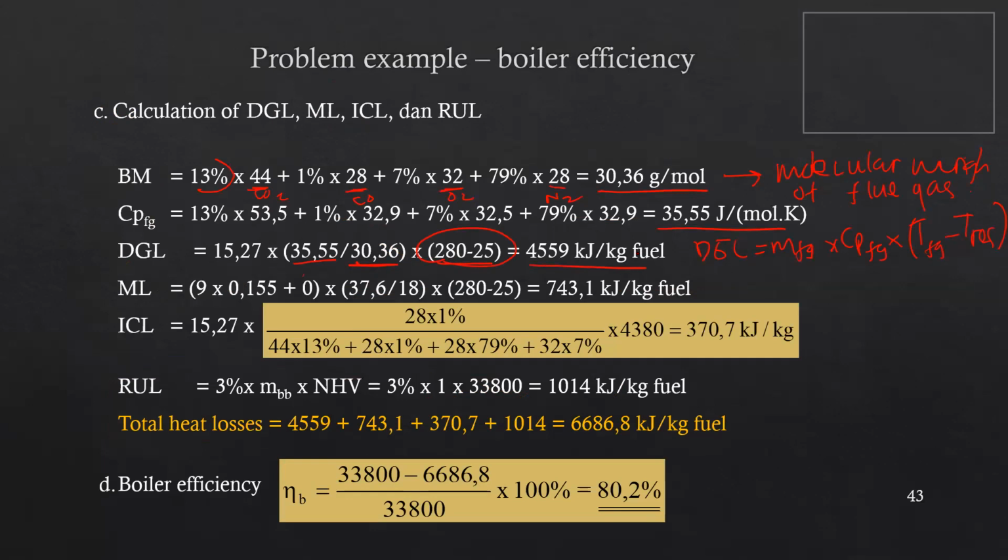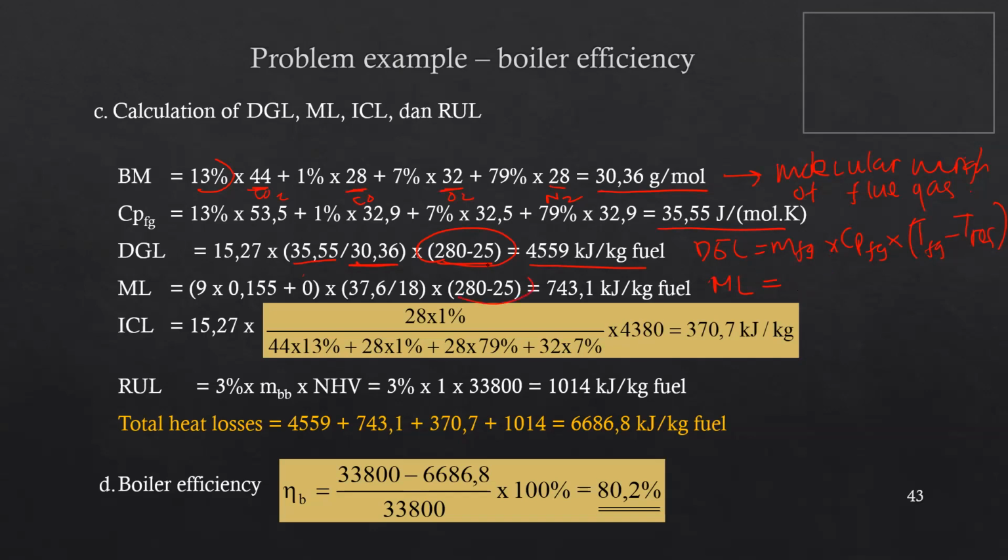And then we calculate the next loss, which is the moisture loss. The formula to calculate the moisture loss is... sorry, what is the formula? So the Cp, is it correct? Wait, 37.6 divided by 18.